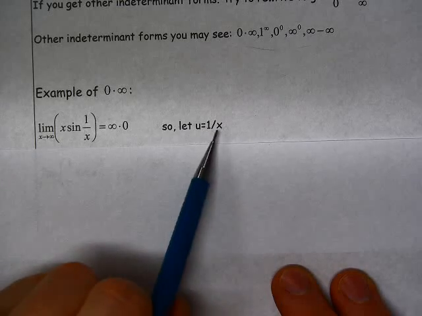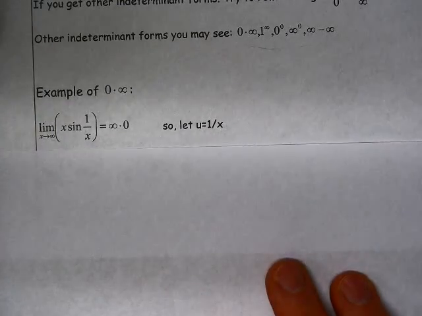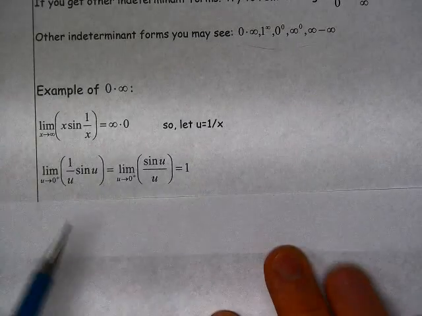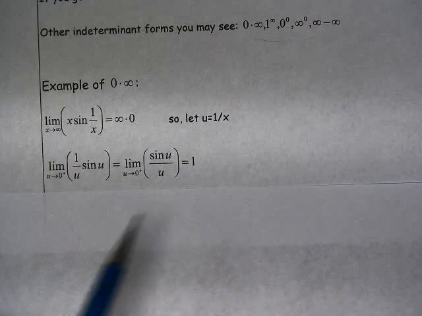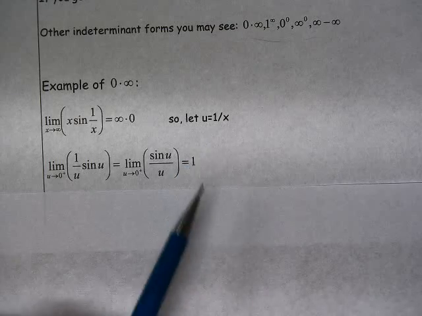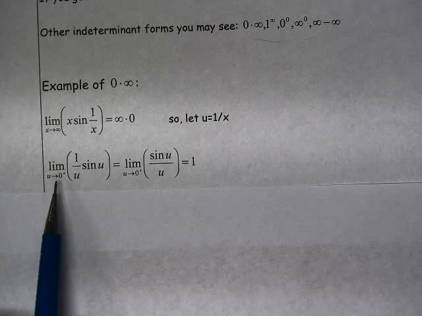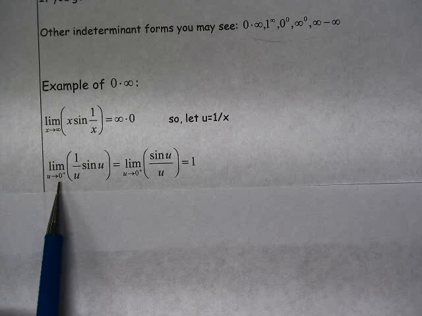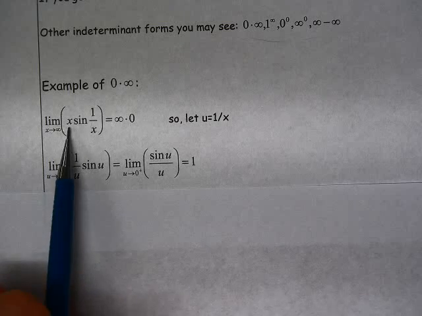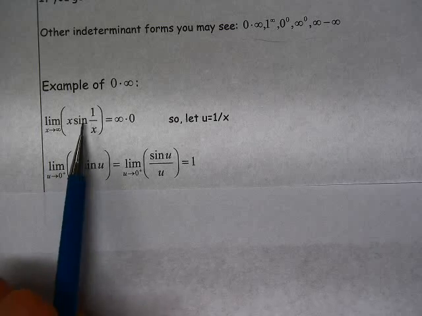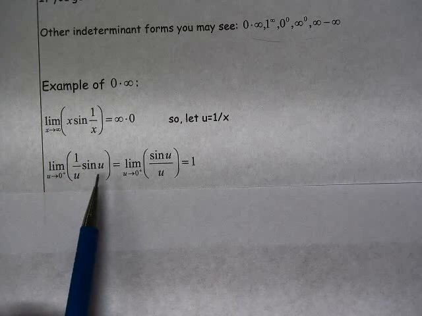So let's make this substitution. I'm going to let u equal 1 over x, and it turns into this. If u is 1 over x, then as x approaches infinity, u is going to approach 0 from the positive side. So now x becomes 1 over u. Sine of 1 over x becomes sine of u.